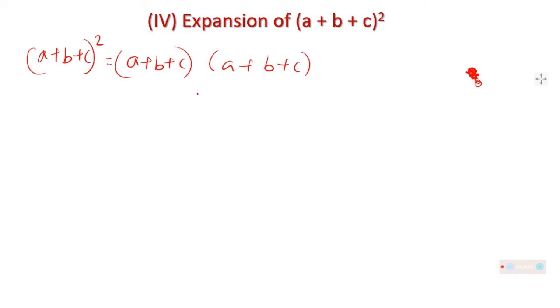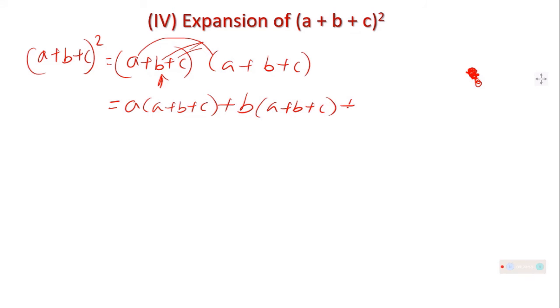And if you are trying to multiply each element with a, then with b, then with c, that's a normal procedure. So what I will do, a into (a plus b plus c), correct? b into next number, a plus b plus c, then c into (a plus b plus c).